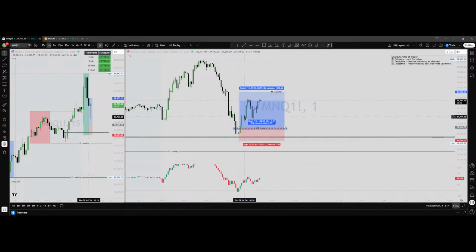Could have entered this long here, but there's way too much risk. I'm not risking 88, 90 points on a trade where the London session low is a draw on liquidity and this liquidity sweep has a big wick.